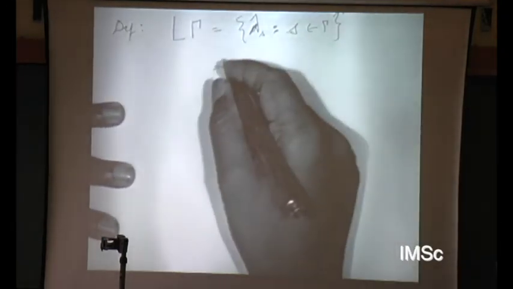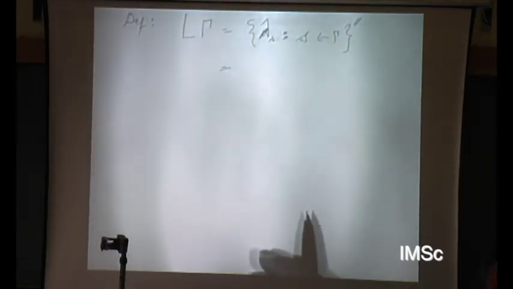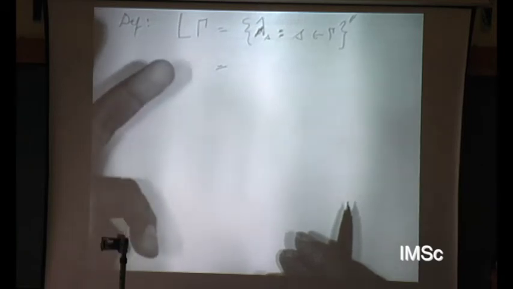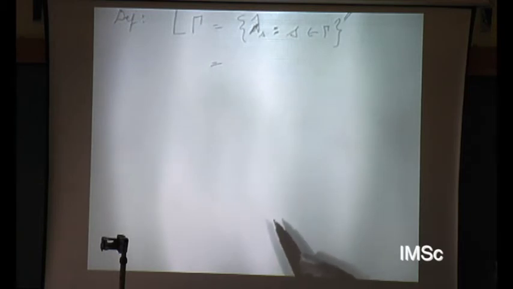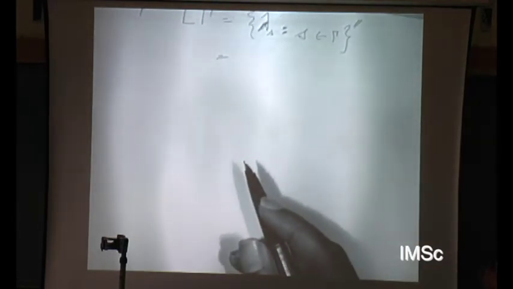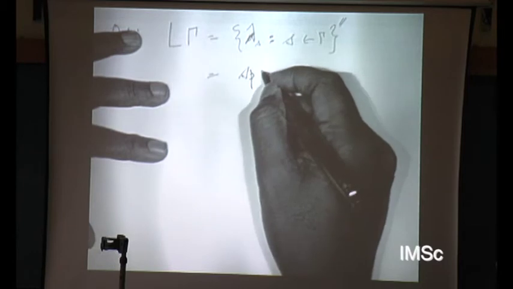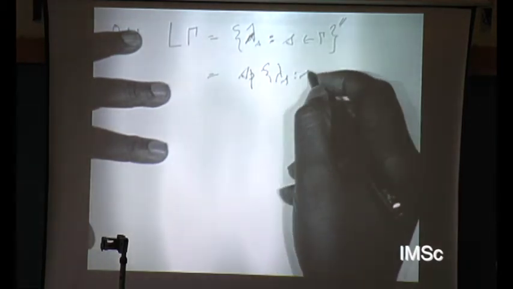Another way of saying this: the von Neumann algebra generated by this group is obtained by taking finite linear combinations of these elements, and that set will already be closed under products, because lambda S times lambda T is lambda ST. So we take the linear span of all lambda S, S in gamma.